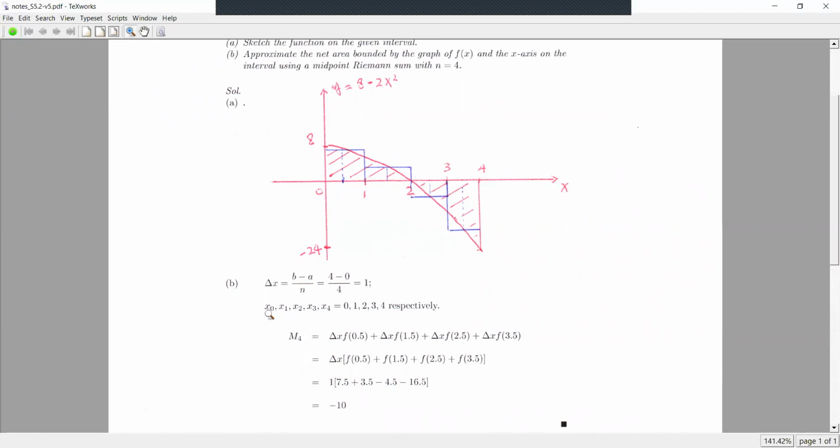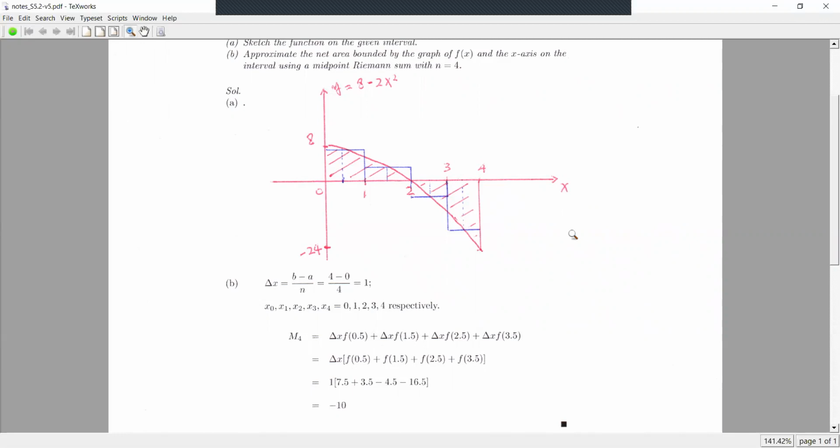In this example, the interval is 0 to 4, so x0 is 0. x1 is 1, then 2, x2, x3 here. x4 is the last cutting point. The last cutting point is always the right endpoint of the interval. It is 4.